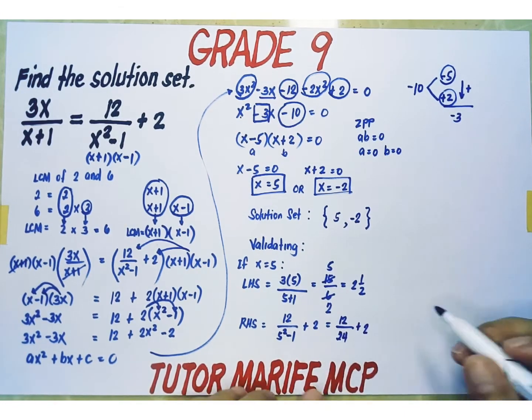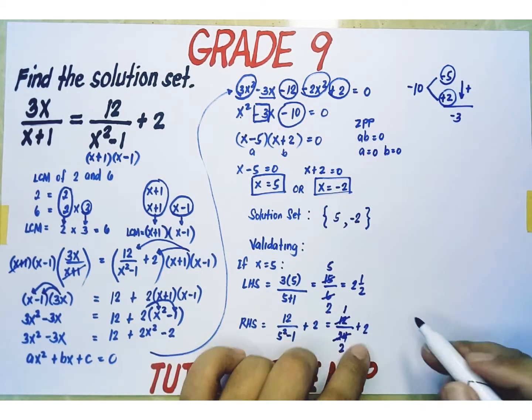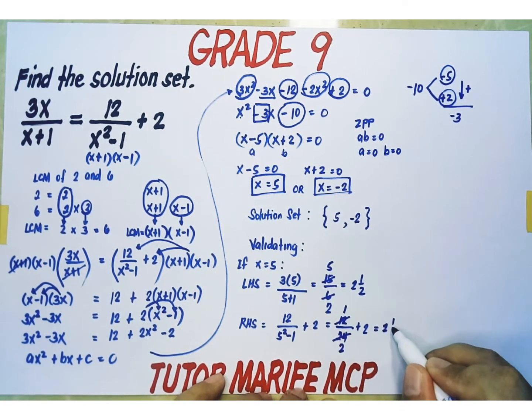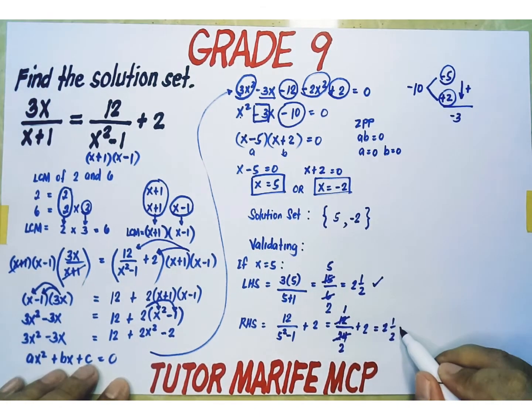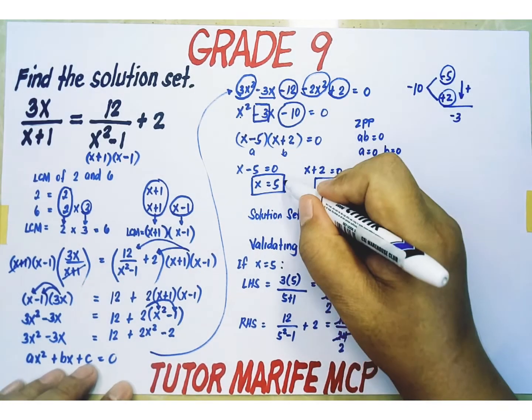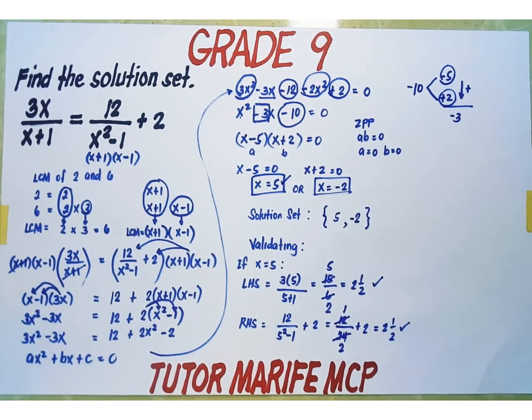This fraction is reducible by 12. So, ang lowest term nito ay 1/2. And 1/2 plus 2 is 2 and 1/2. So, left-hand side equals right-hand side. Therefore, our first solution is correct.